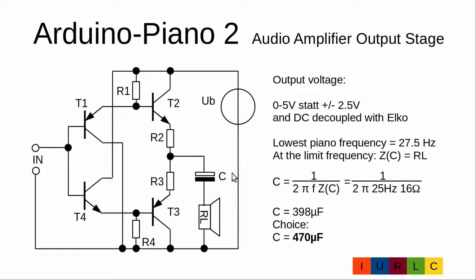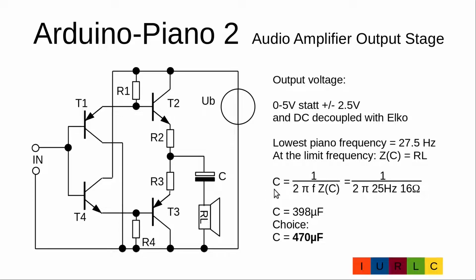The capacitor is a high-pass filter, and its cutoff frequency must be chosen so that it is below the lowest audio frequency. At the piano, the lowest frequency is 27.5 Hz, so we choose a cutoff frequency of 25 Hz. At the cutoff frequency, the impedance of the capacitor is equal to the resistance of the loudspeaker.